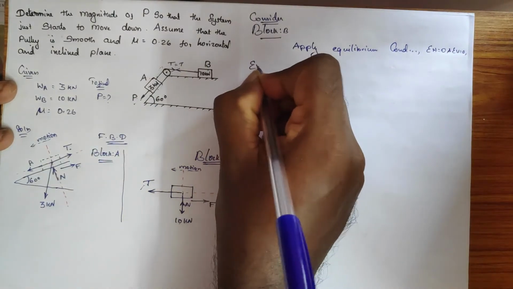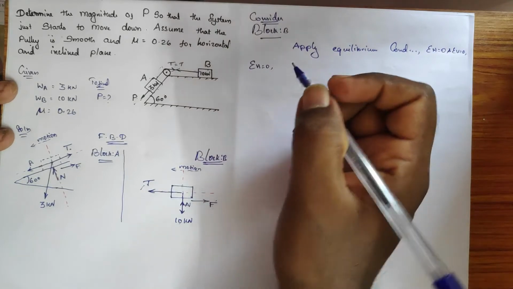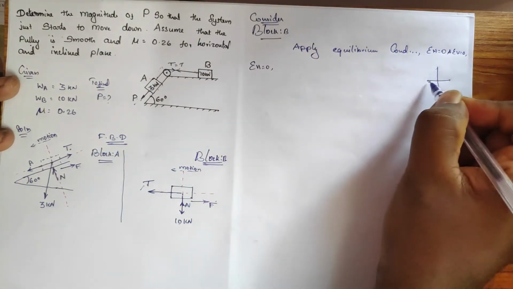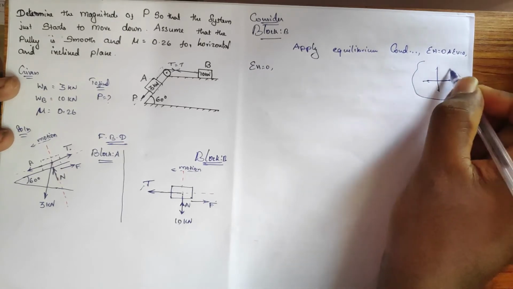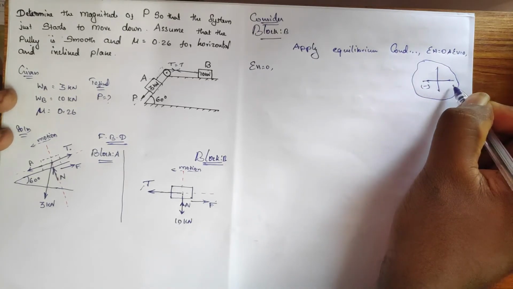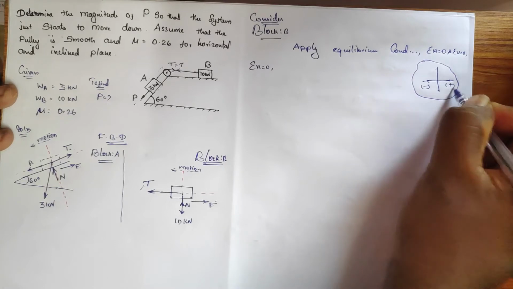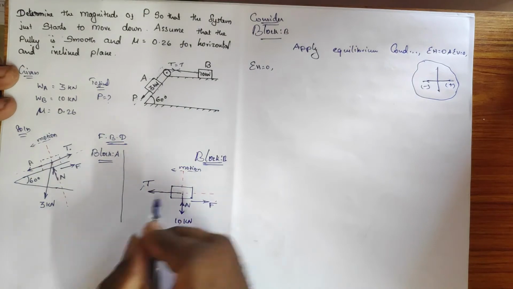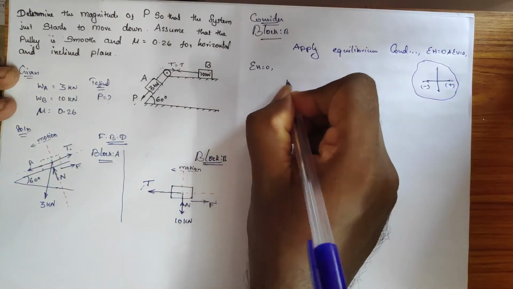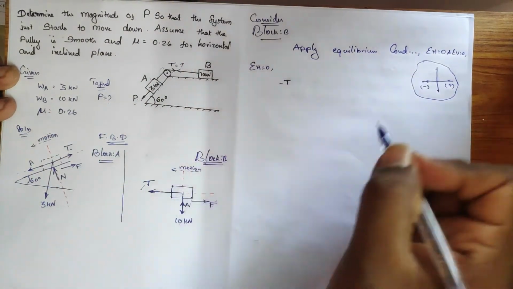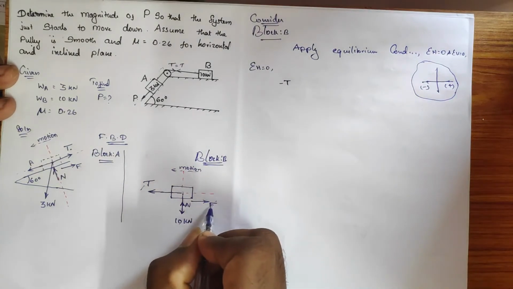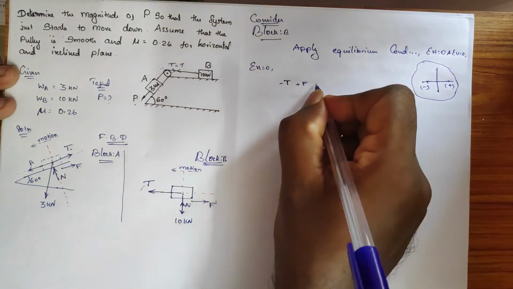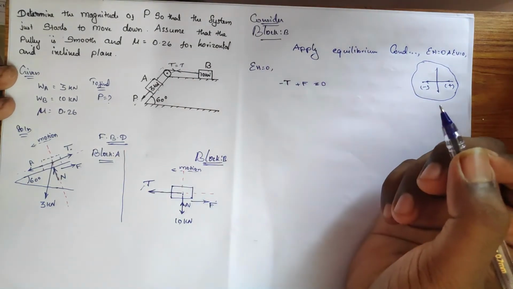So start with the sum of horizontal force is equal to 0. The horizontal forces are tension force and friction force. We are well familiar with the sign. When the force is moving towards left it is a minus, and when the force is directing towards right it is the positive sign. So here the tension force which is moving towards left is a minus, and the friction force F which is moving towards right is a positive sign, which is equal to 0.